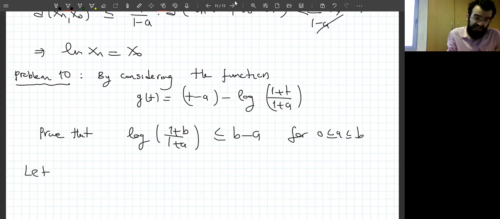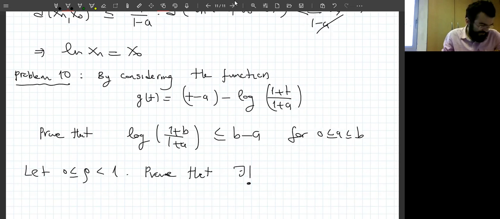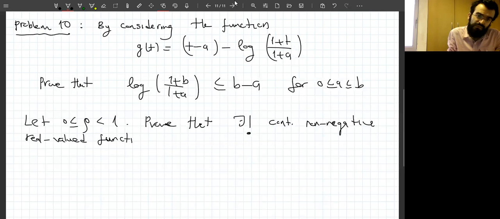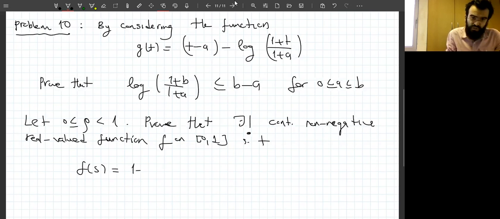Now the second part of the question. Prove that there is a unique continuous non-negative real valued function f on 0, 1 such that f of x is 1 plus the integral of logarithm of 1 plus rho ft dt.